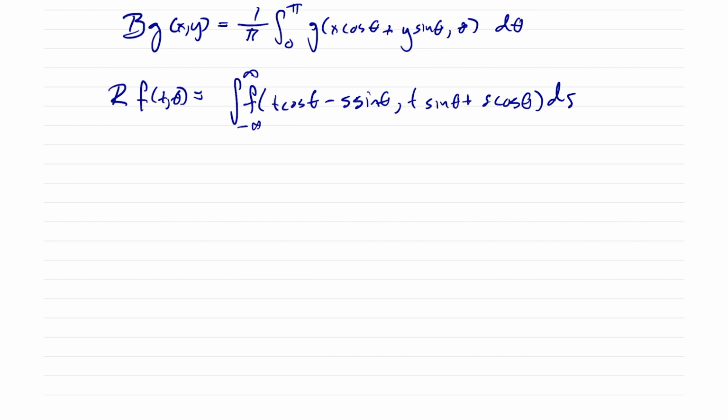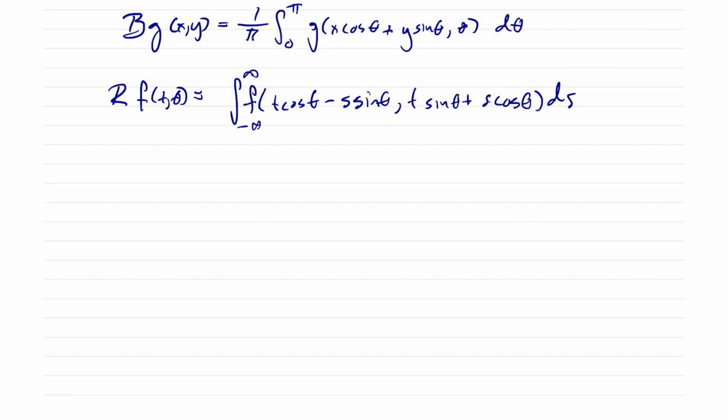So basically for a fixed t and theta, it runs through the line that goes through the radial point t, theta, and it's perpendicular to the ray that matches it. You get the idea.